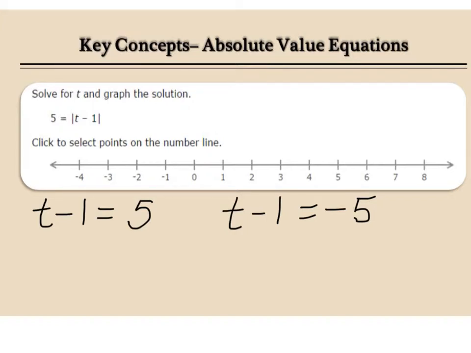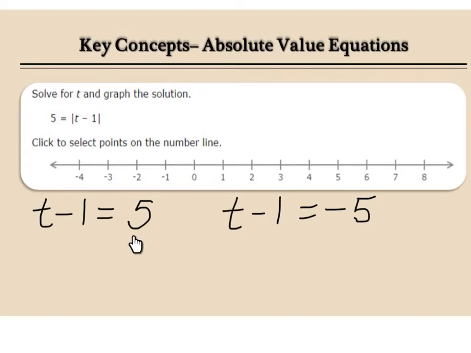Alright, here is our first problem. We're supposed to solve for t and graph the solution. So it says 5 equals the absolute value of t minus 1. So I have nothing there except a number, the number 5, and the absolute value. So I have rewritten the absolute value without the absolute value symbols.